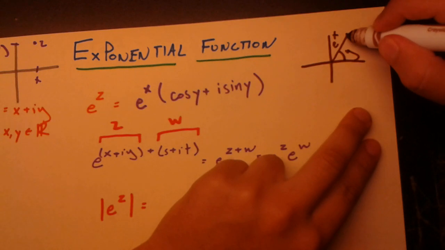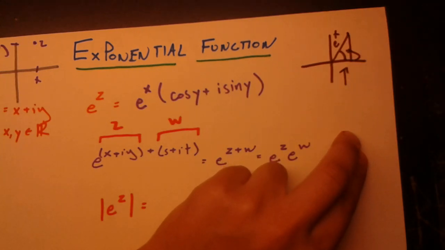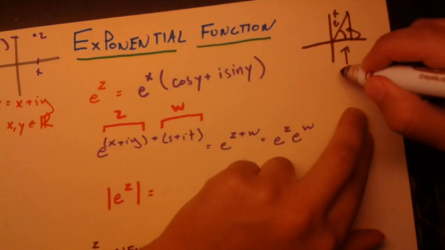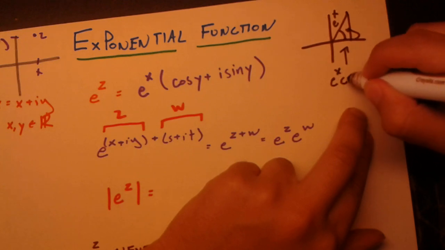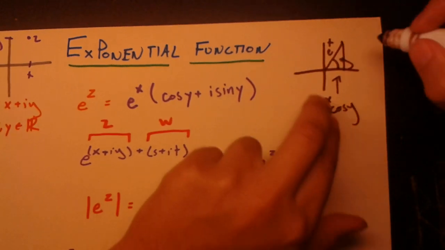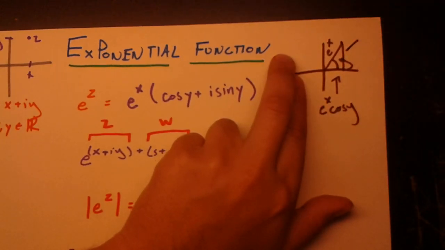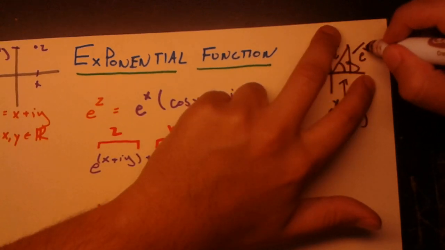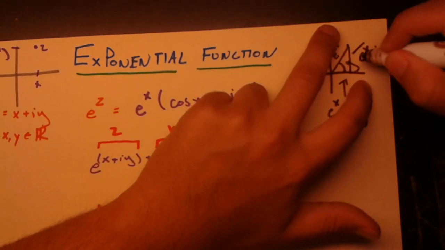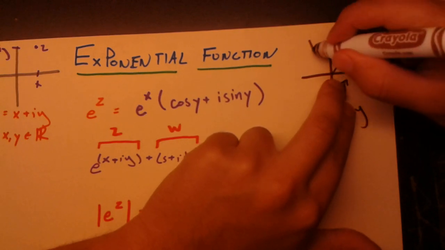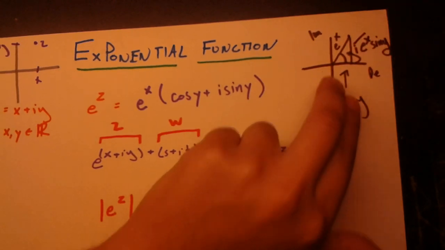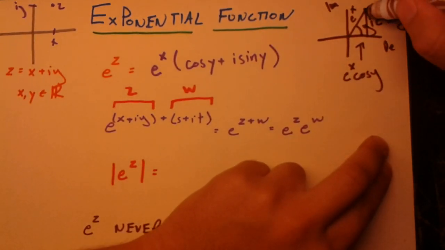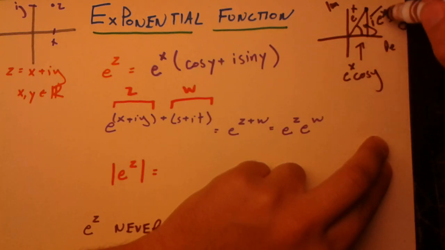So now, what is the x component right here? Well, just using trigonometry, we know that it's going to be e to the x times cosine of y. And what is the y segment here going to be? Using trigonometry again, we know it's going to be e to the x times sine of y, and it has to be times i because we're dealing with the imaginary axis here. So now, what is that point in terms of what we just found?